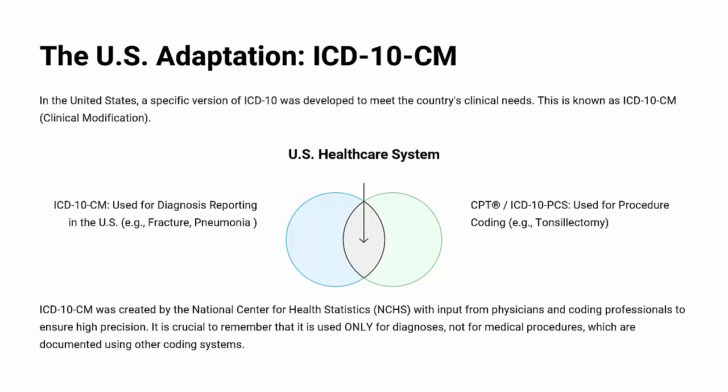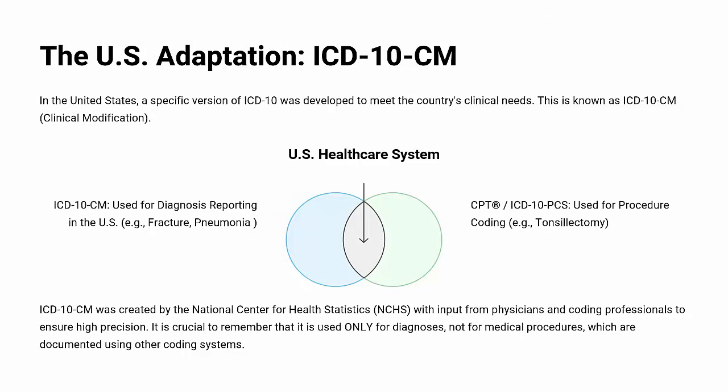You would use one of the other group of codes to code for that repair, depending on the setting, also depending on the insurance. If you're looking over on the right-hand side, you'll see a couple of the other types of sets of codes that are needed for this. You have the CPT and you have ICD-10-PCS, as well as HCPCS, which is not listed on the screen. They all can be used to report procedures.